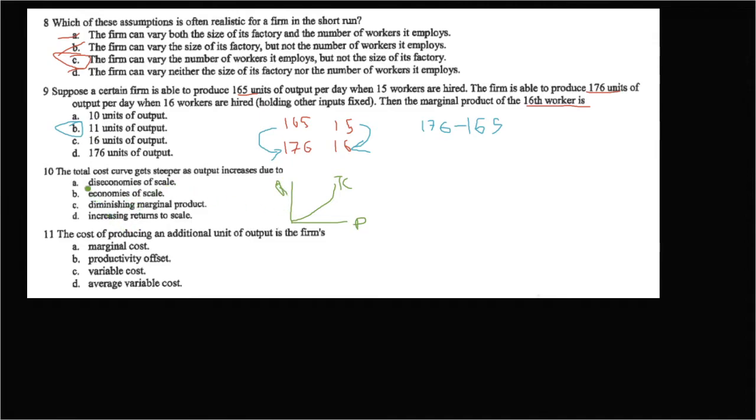Diseconomies and economies of scale are referring to the long run. That looks like it could be LRATC. This is what this is referring to. So it's not A or B.